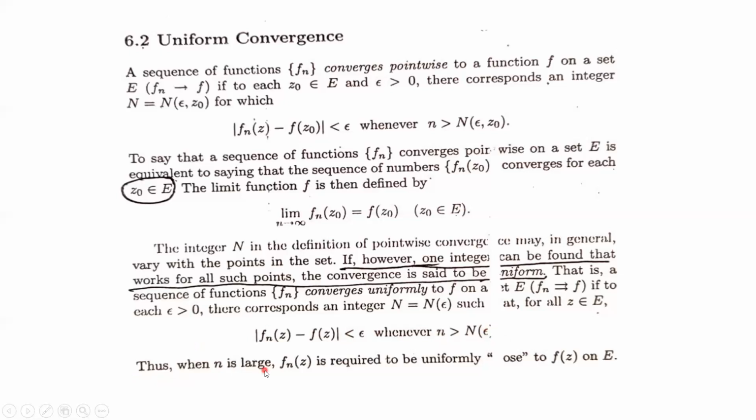Thus, when n is large, f_n(z) is required to be uniformly close to f(z) on E. That's what we mean by convergence, both uniform and pointwise.